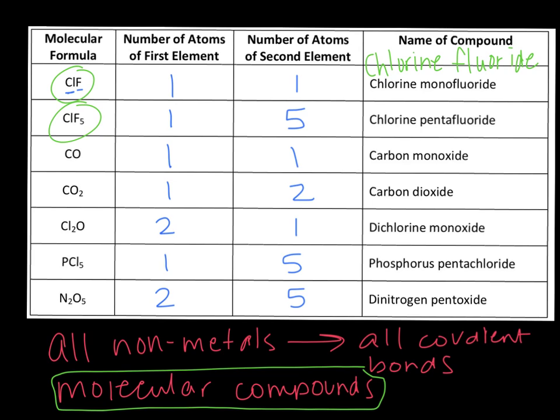The difference between covalent compounds and ionic compounds is that covalent compounds form because they're trying to complete each other's octet, while ionic compounds are just forming to balance out their charges. So I'm going to write that down.